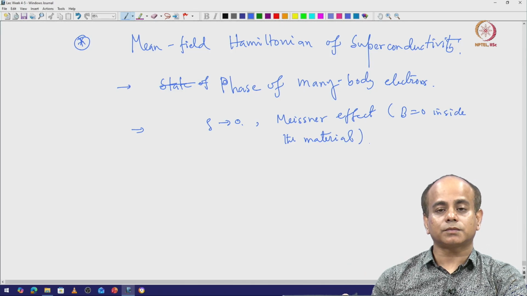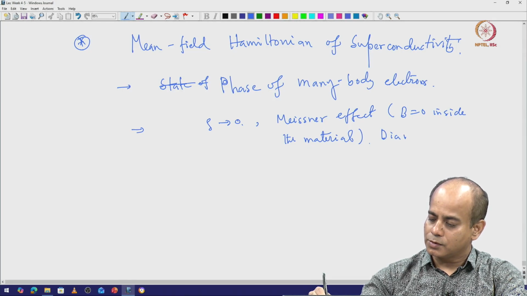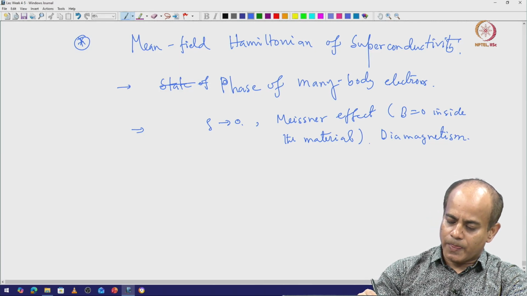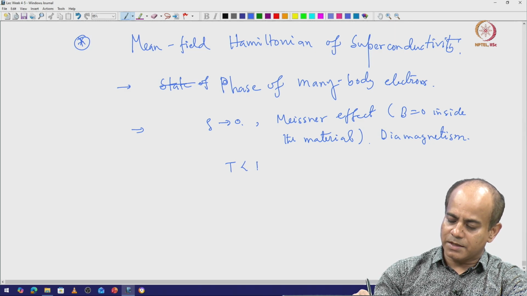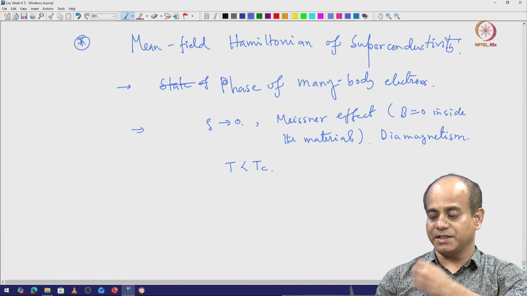Okay. So, it is a complete diamagnetism. And this happens below some temperature called the superconducting transition temperature or Tc.